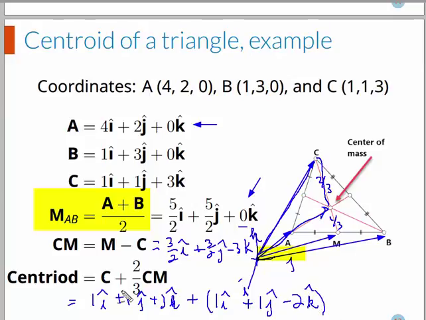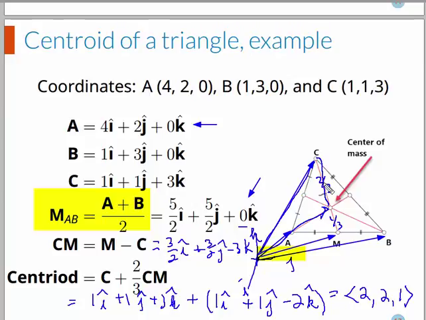I can add these together, and I'll put it in pointed brackets: 2, and another 2, and then 3 minus 2, which is 1. Those are the coordinates of the centroid of that triangle.